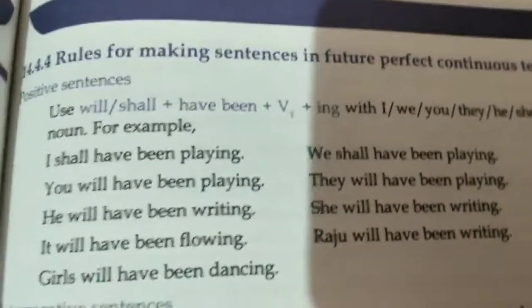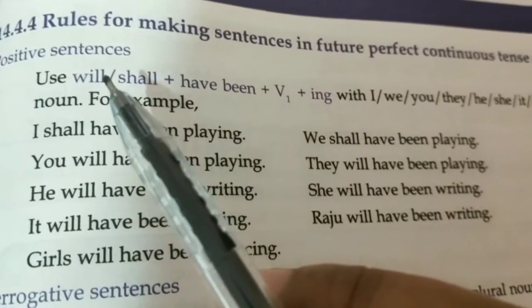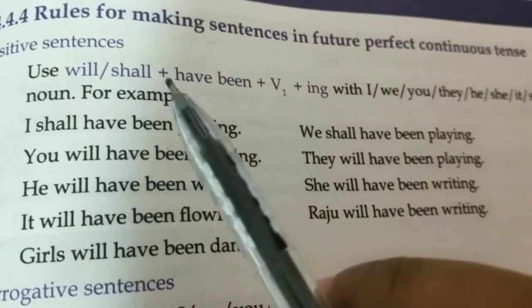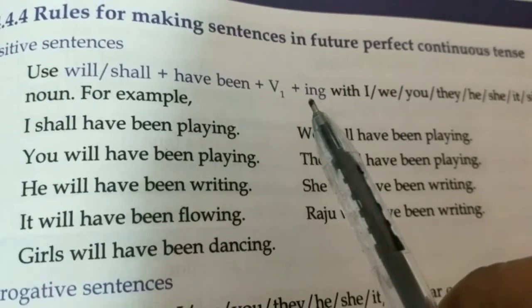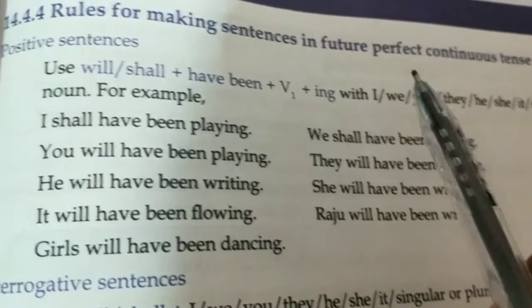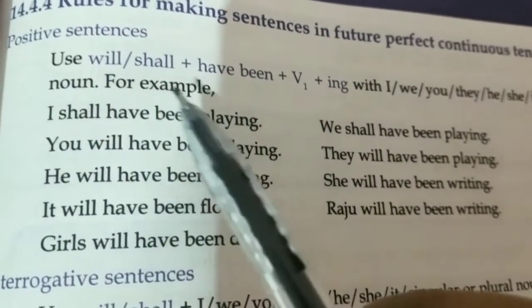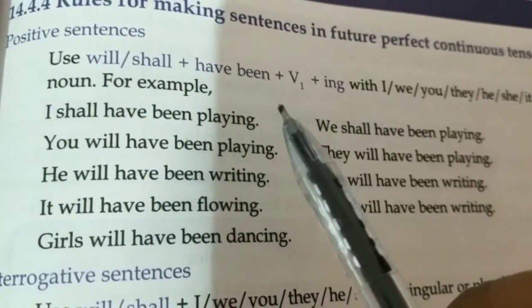Then we'll see the rules of making sentences in the future perfect continuous tense. While making positive sentences, we use will or shall, then have been and V1 plus ing form with the subject. Like I shall have been playing, you will have been playing.